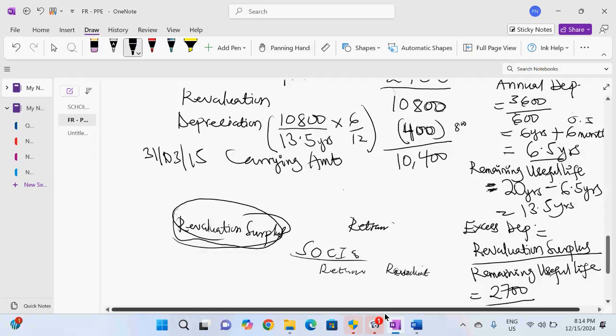Okay, so now let's move on to the disposal of revalued non-current assets.